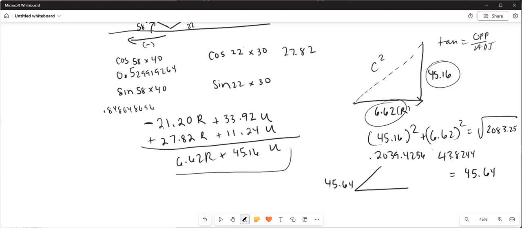So we just need to divide 45.16 by 6.62, which gives us 6.821752266. And then we do second tan, the inverse tan, to get the angle, which is 81.66 degrees. And that is also what the book says.